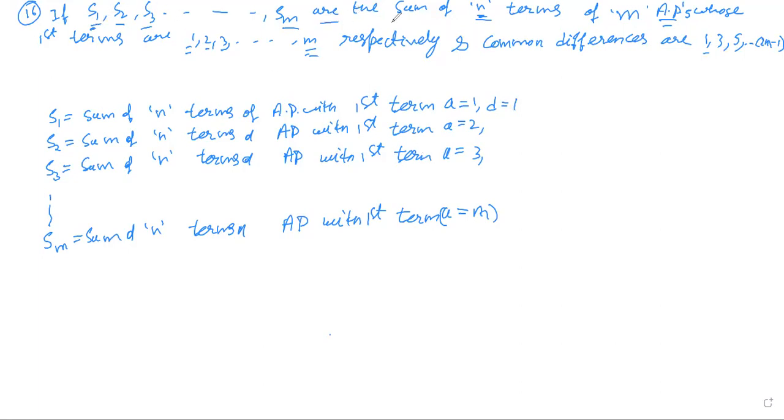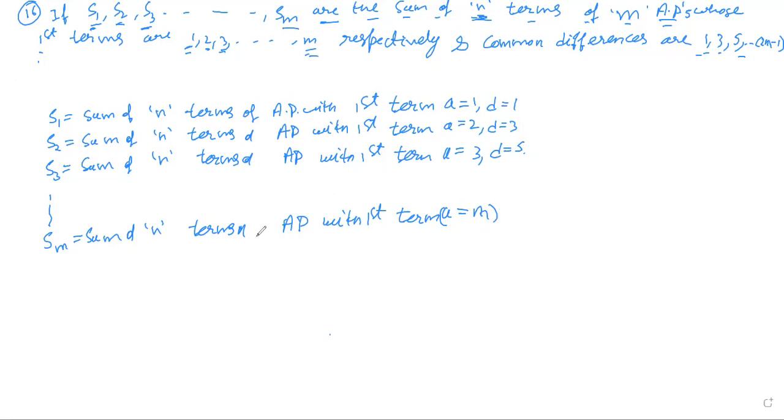S1 is the sum of n terms of first AP whose first term is 1 and common difference is also 1. S2 is sum of n terms of second AP whose first term is 2 and common difference is 3. S3 is sum of n terms of an AP whose first term is 3 and common difference is 5.